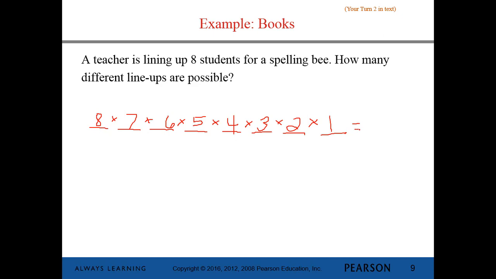Now we can stick this into our calculator and find what the answer is going to be.